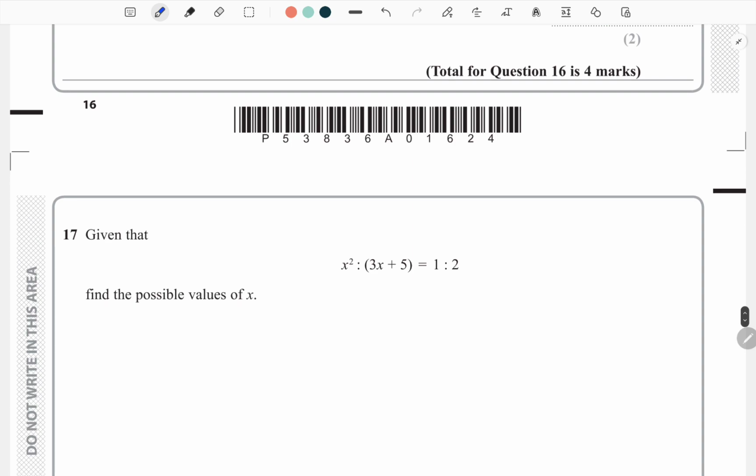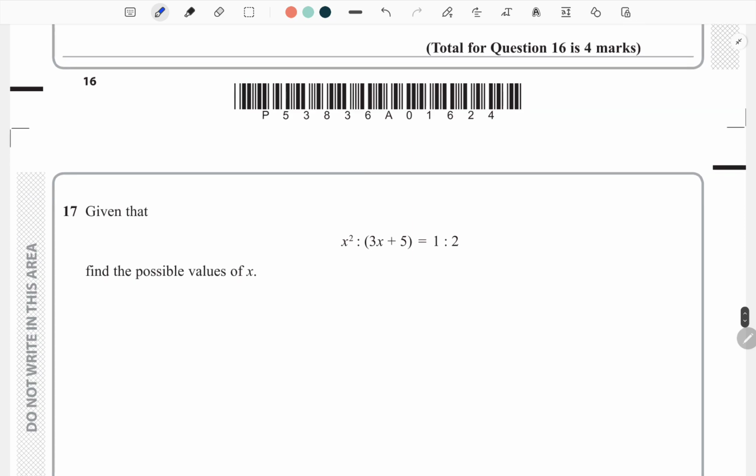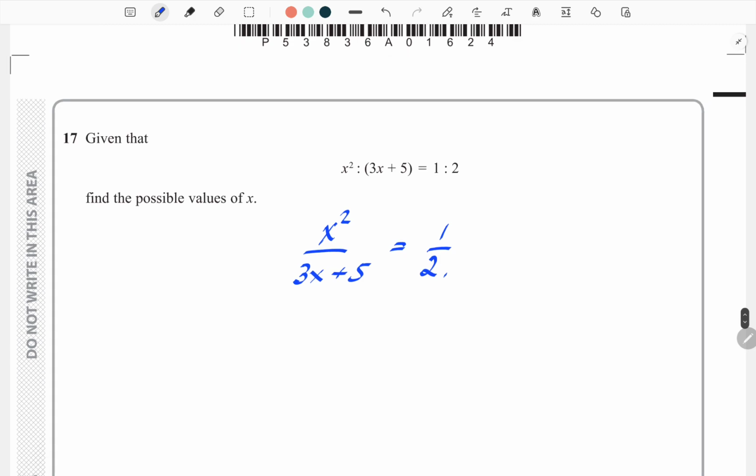Okay, number 17. Given that x squared to 3x plus 5 is in the ratio 1 to 2, the best way to write this out and actually solve the problem is to write it as a fraction. So x squared over 3x plus 5 equals 1 over 2. And what you can then do is cross multiply.